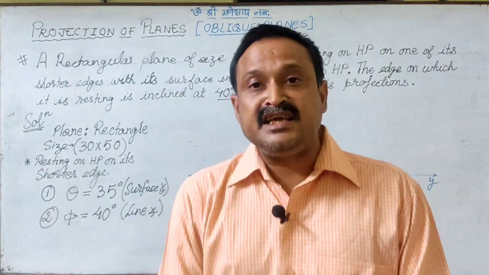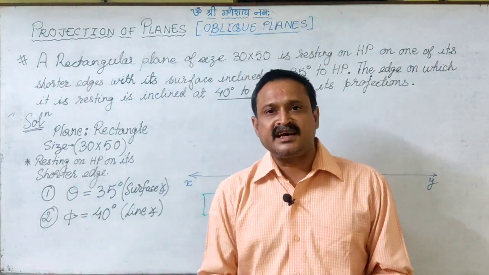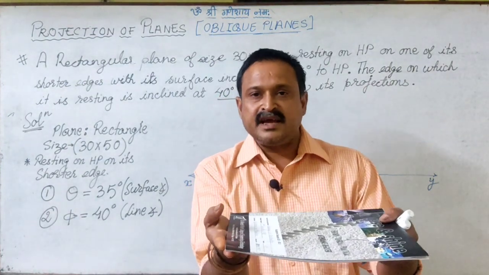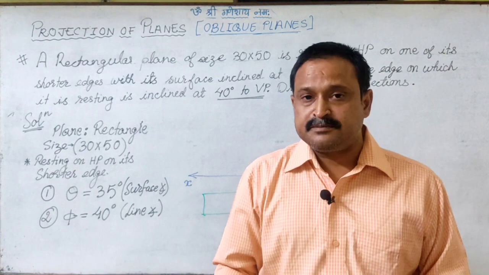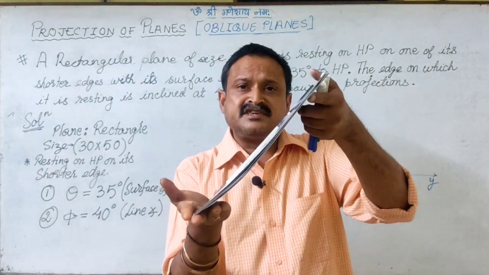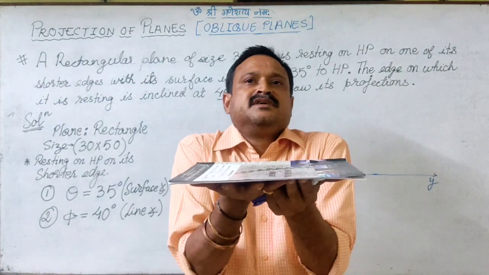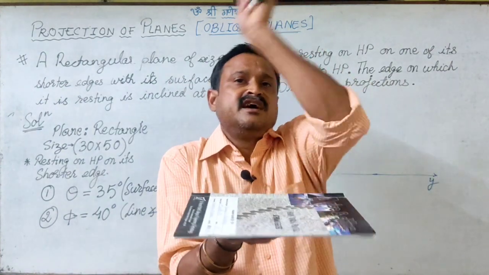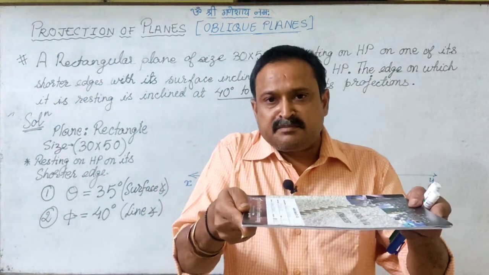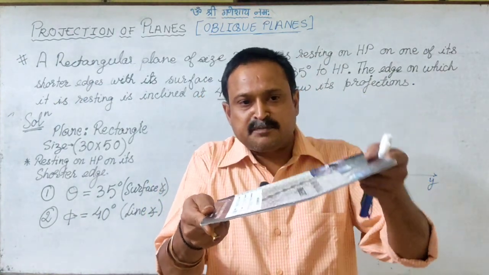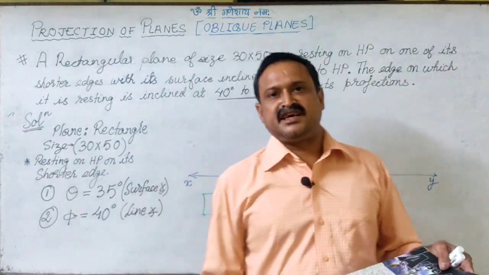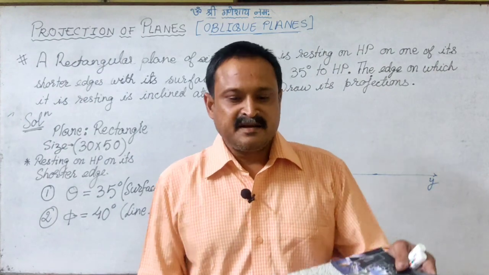That means at any given time, the shorter edge is resting on HP. Right? So again I go this way. If one edge is on HP, the first step is I put all the edges on HP. Then I lift the other three edges, keeping one edge on HP. And if it is so, that means I'll be rotating that plane about the edge on which I am resting it on the HP. Right?